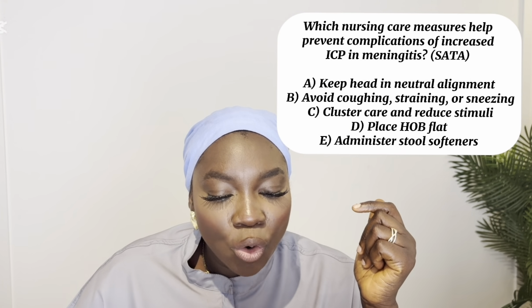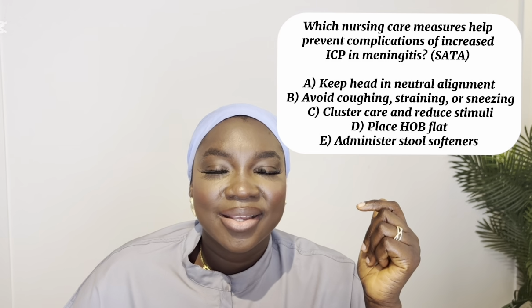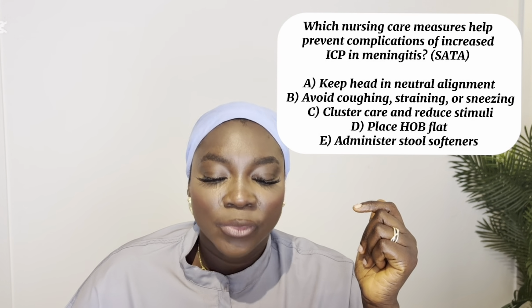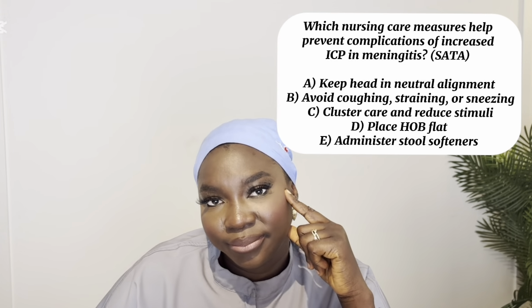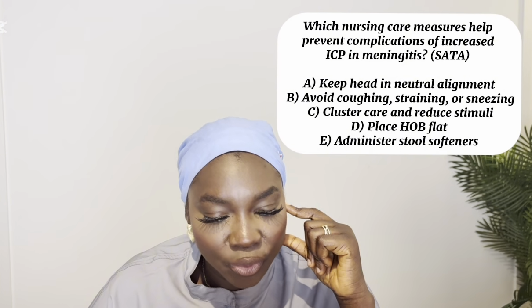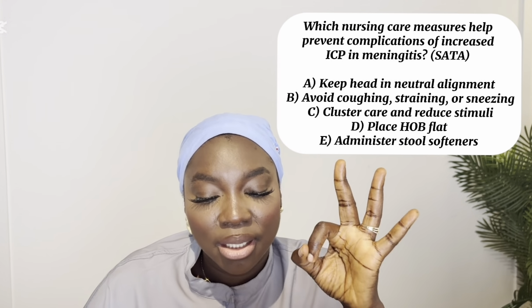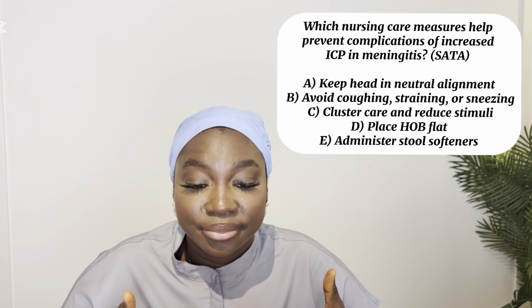Now, place HOB, head of the bed, flat. This is incorrect, false, because flat HOB will increase intracranial pressure. So this is wrong because venous blood cannot drain from the brain. So we don't want to keep the head flat, okay? Best position to reduce ICP is head of the bed at 30 degrees and head in the midline.